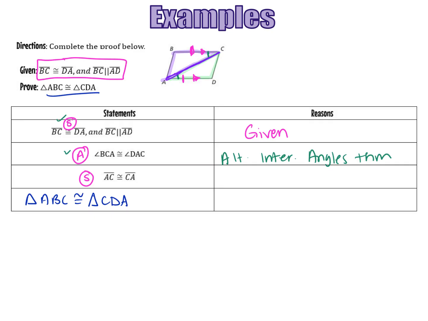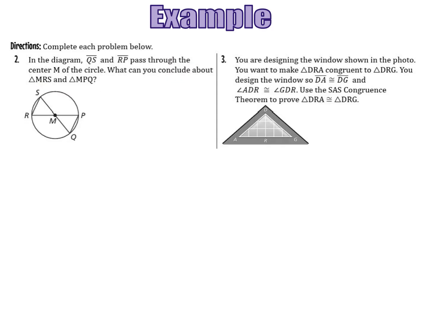That is going to be the reflexive property, in this case, of triangle congruence. So we have just shown we have a side, the included angle, and another side. Therefore, these two triangles are going to be congruent by the side-angle-side triangle congruency theorem. Now let's look at some more examples.